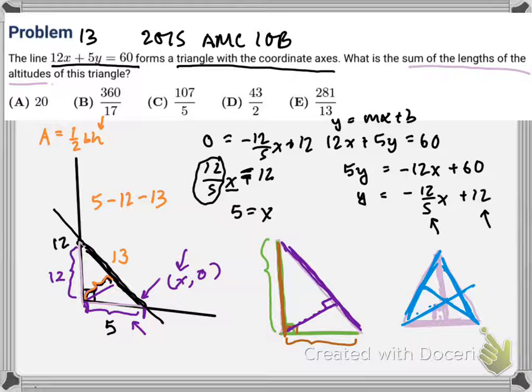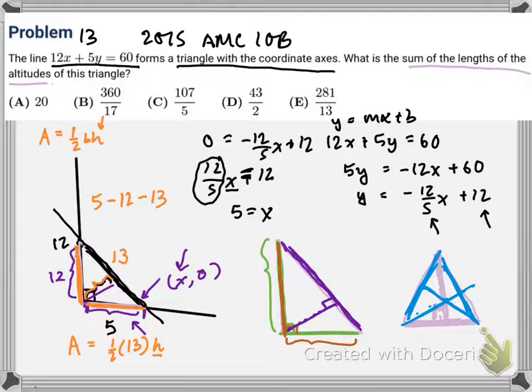And I know that no matter what base and altitude I choose, the area of a triangle is always going to be constant. So if I choose this as the base, and this line segment with length 12 is the height, then I can find the area. And then I can use 13 as my base, and I can solve for my final altitude.